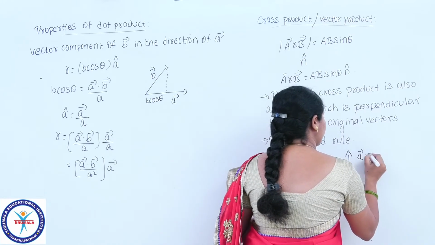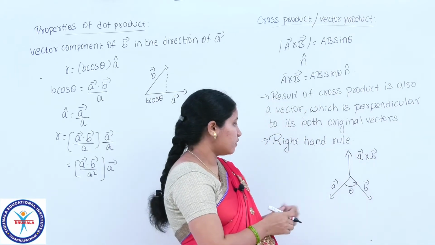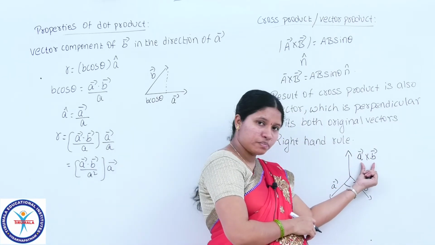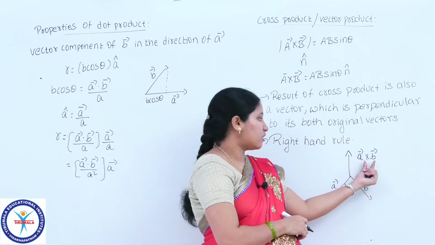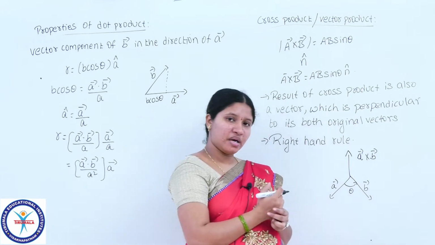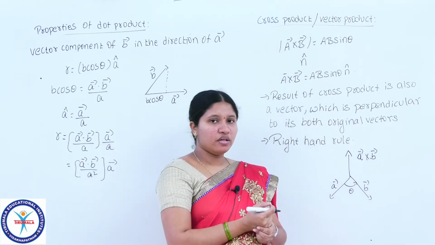which is given by n cap. So if we observe, this a bar cross b bar direction is perpendicular to a bar vector and it is also perpendicular to b bar vector. So the direction can be given by right hand rule.